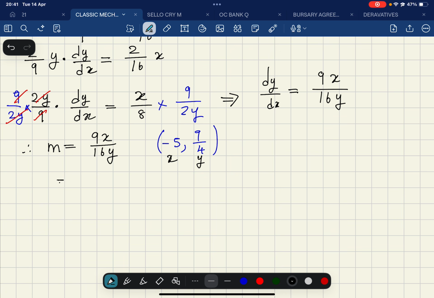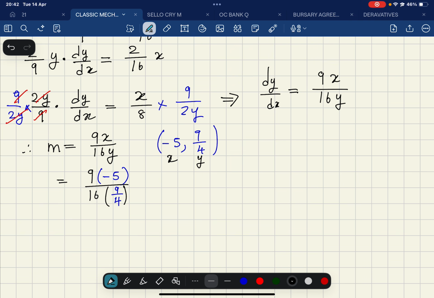I'm going to have equal sign, then I have 9. What is my x? My x is -5 divided by 16. What is my y? My y is 9 over 4.